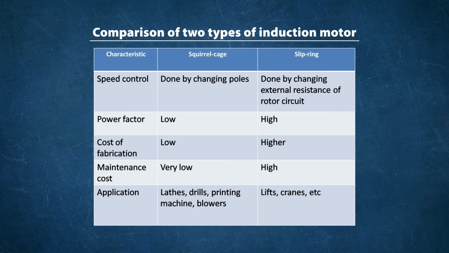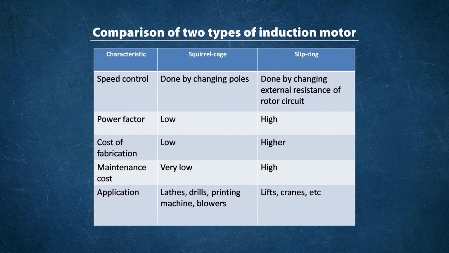But some arrangements can be made to change the number of poles in the stator winding. So speed control is possible, but not as good as in case of DC machines. In case of slip ring induction motor, it is done by changing external resistance of the rotor circuit.